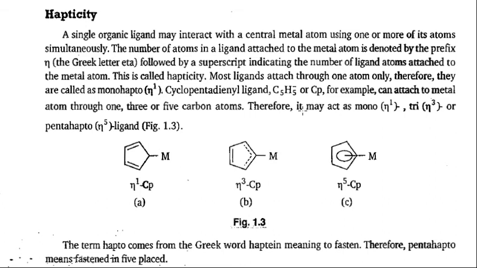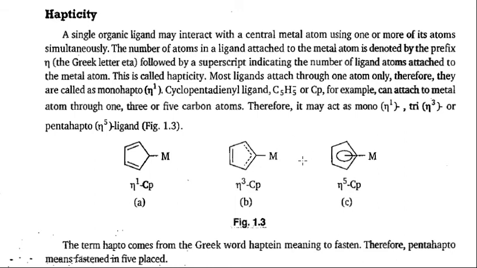I think you are interested in what I am trying to explain. For mono, hapticity 1, we can write eta 1, and eta 3 and pentahapto eta 5 ligands. If you see here, the hapticity is 3, because 3 carbon atoms are attached to this central metal atom.